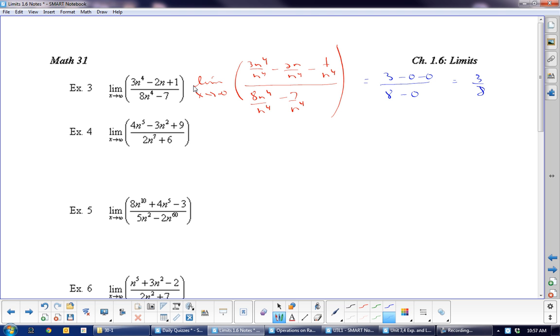Just by looking at it, you would know this is 3/8. So, if the largest degrees are the same, top and bottom, okay, you just get rid of the n to the 4s.